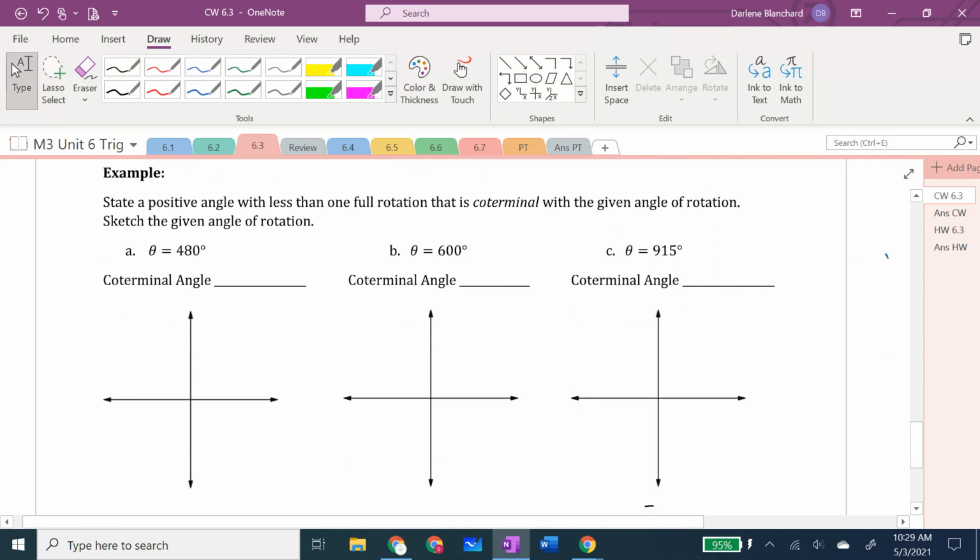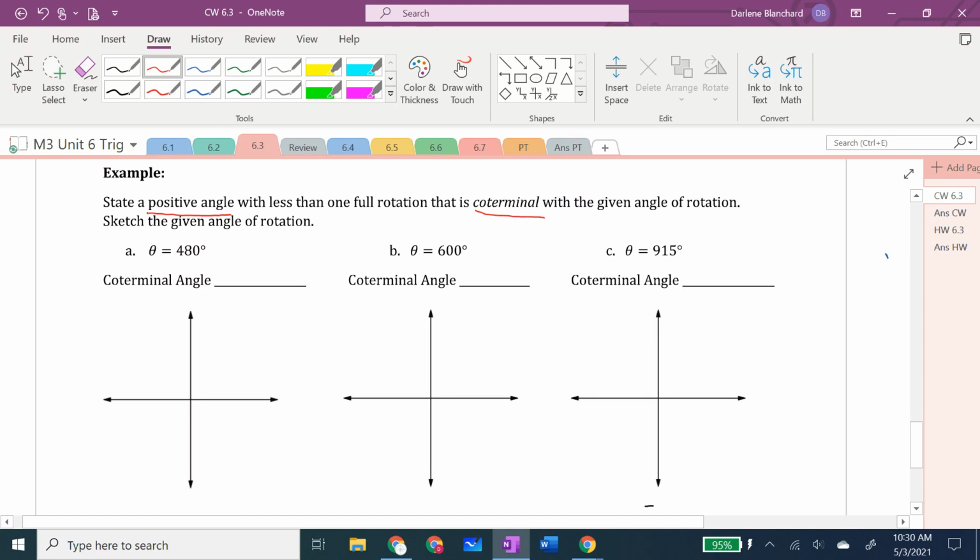All right. Now, this time you're getting an angle that is over 360 degrees. So the first thing is you're going to state a positive angle with less than one full rotation that is coterminal with what is given to you.